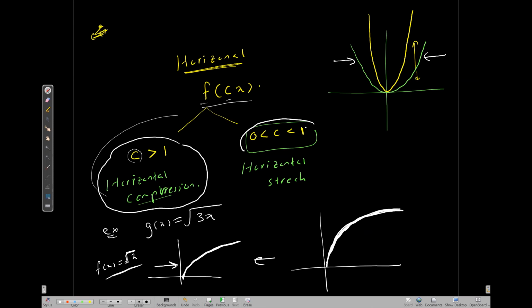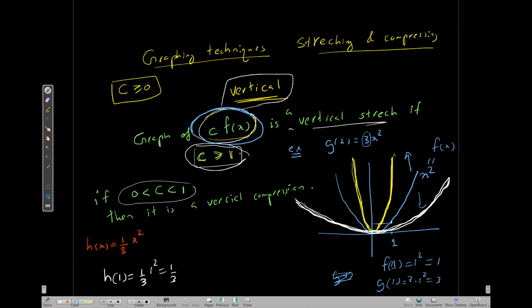Now let me explain this same thing. Root 3x, g of x, I can write this as root 3 times root x. Because root 3 is a positive constant, it looks like this one right here in our earlier case.